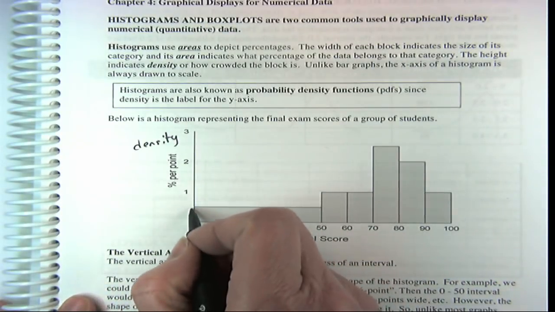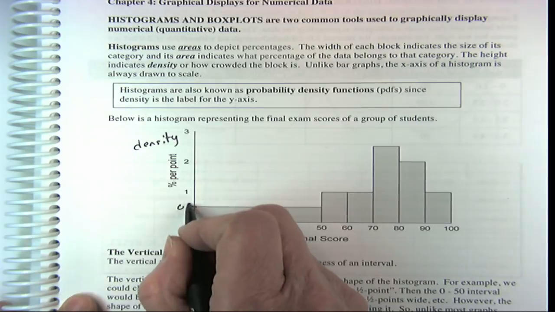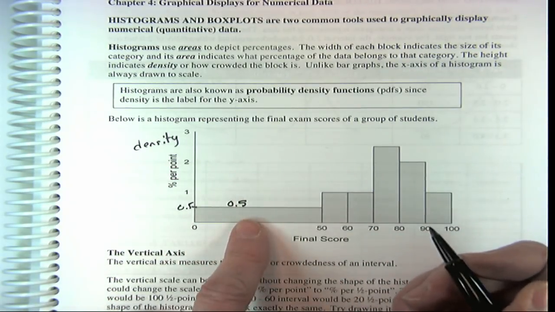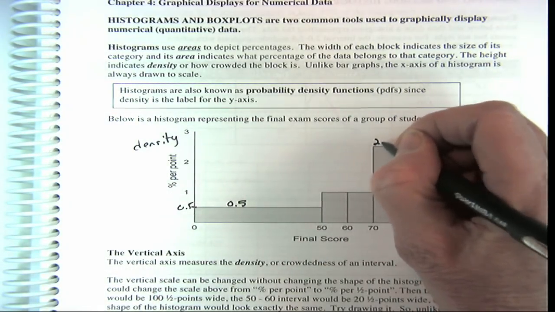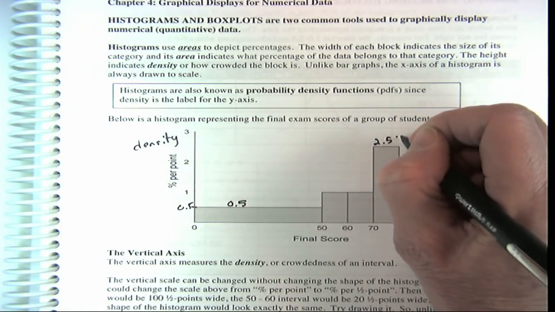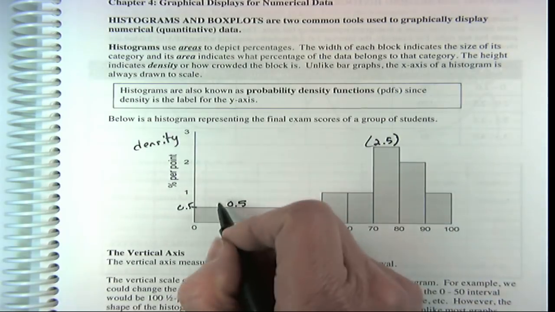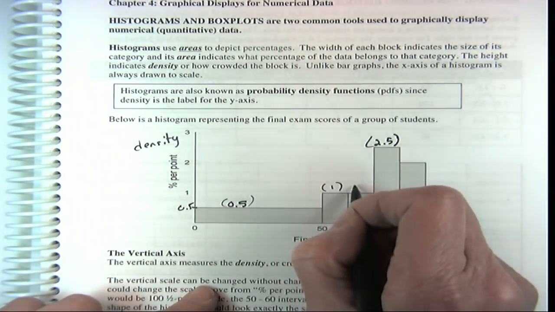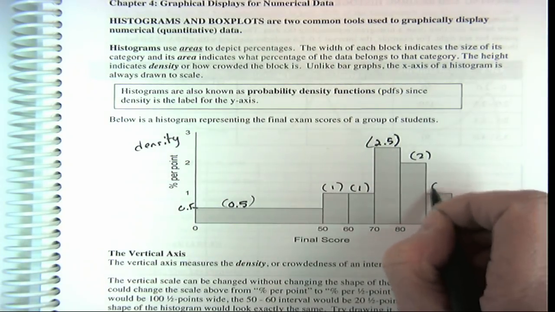So for example, this is 0.5, which is 0.5% per point. And this one is the most crowded, at 2.5% per point. I'll put the heights over all of them so you can see it easier, because it's hard to read. This has a height of 1, this has a height of 1, this has a height of 2, and this has a height of 1.